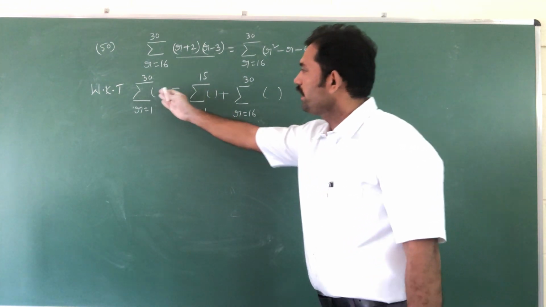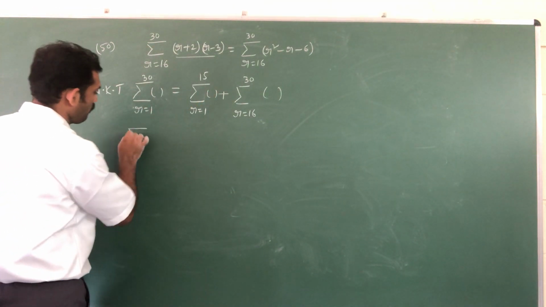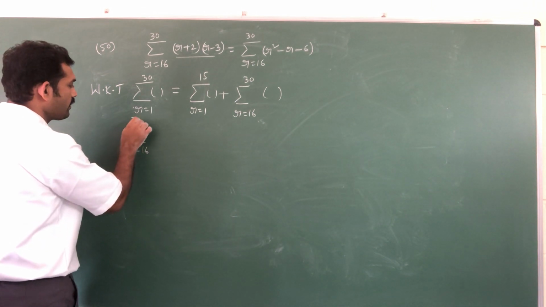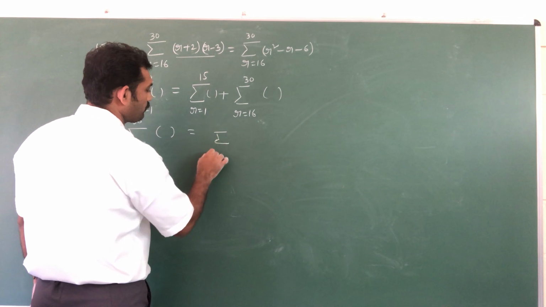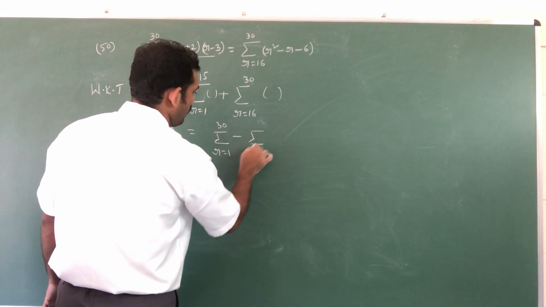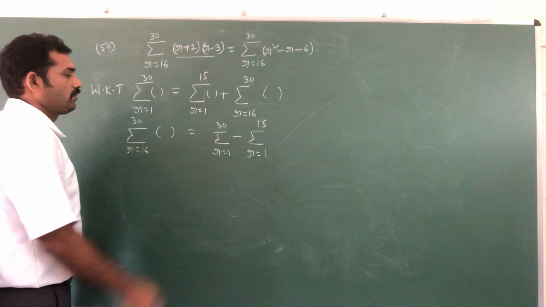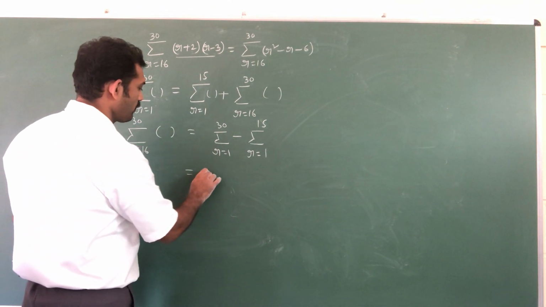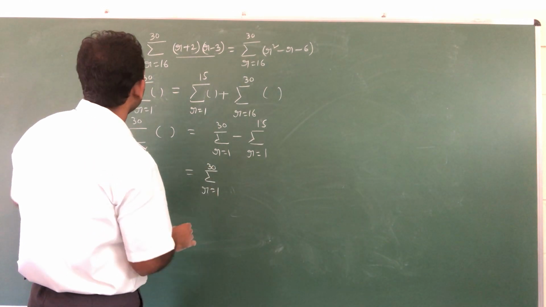So you bring here this value. This value can be written as sigma R is equal to 16 to 30, which can be written as sigma 1 to 30 minus sigma R is equal to 1 to 15. So these two you subtract, and you will get the solution. So sigma R is equal to 1 to 30, what is that value?